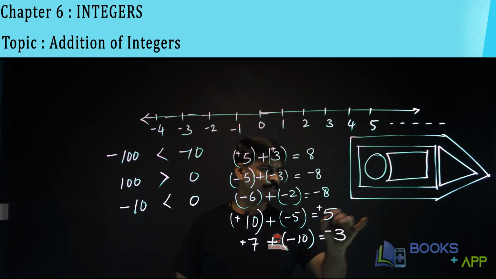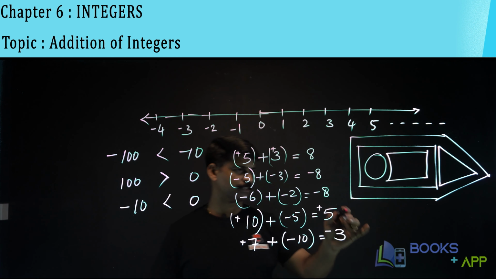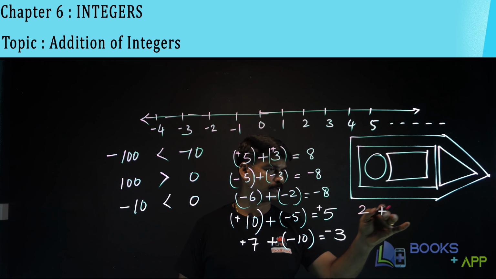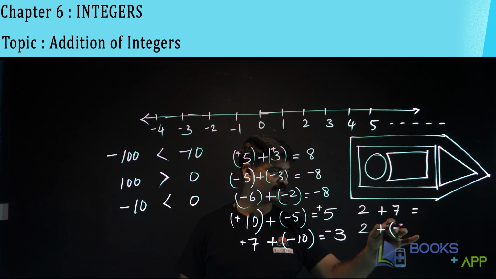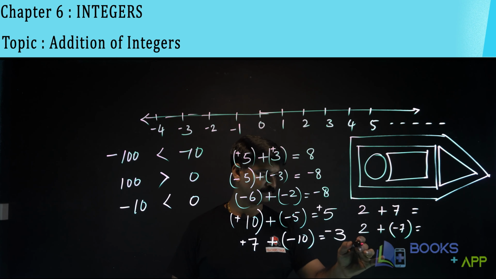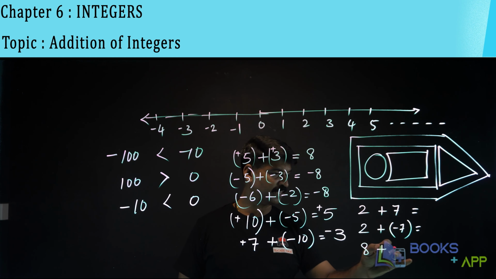Okay. I will write some problems here. You should tell me the answer. 2 plus 7. 2 plus minus 7. 8 plus minus 8.